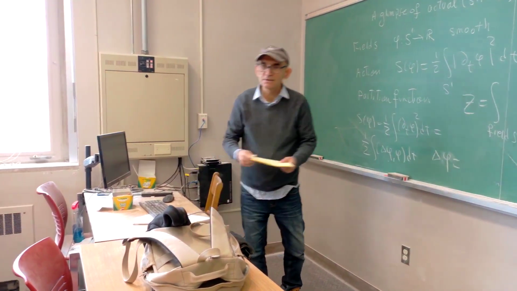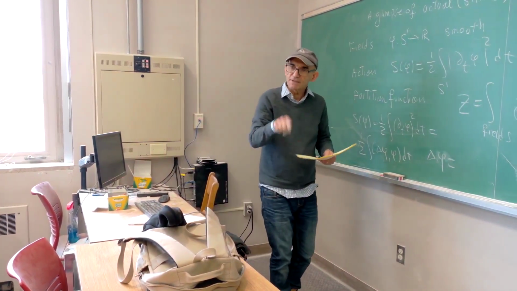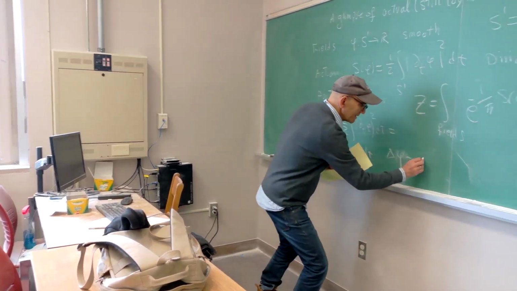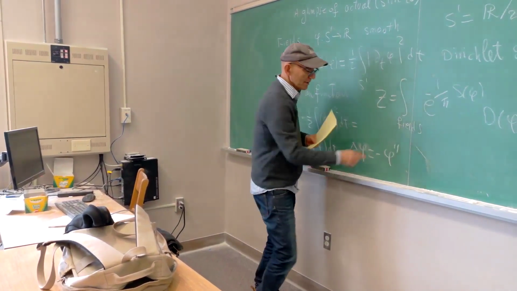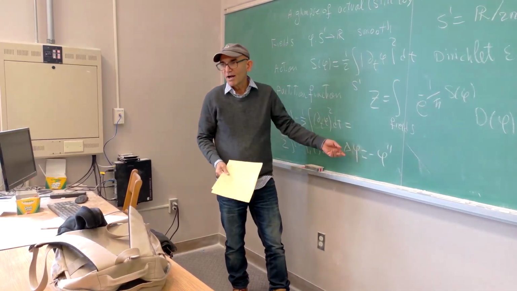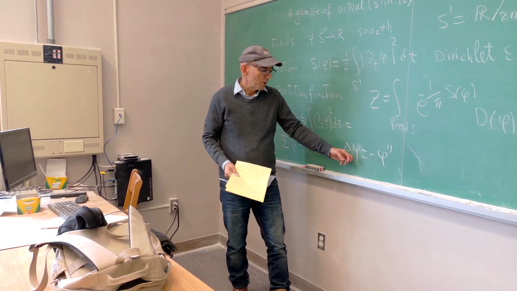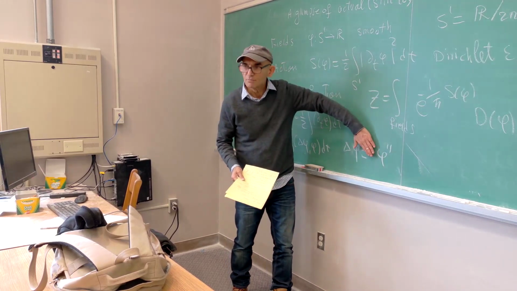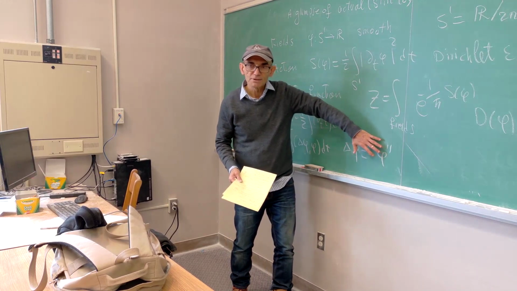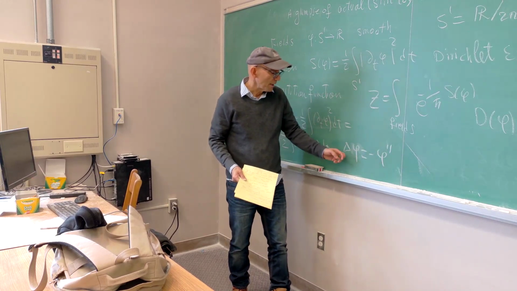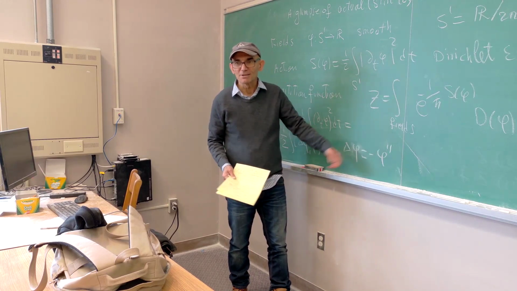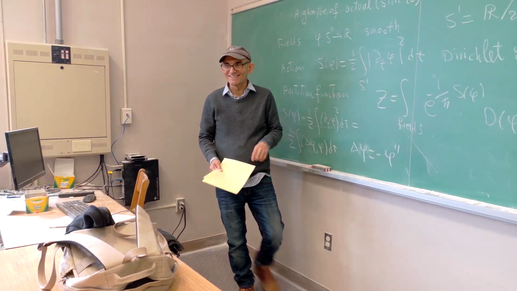Okay, negative. This is the geometer's Laplacian, negative second derivative of phi, not positive second. Usually the Laplacian is without the minus sign, but it's more convenient to use the minus sign because with it, it becomes a positive operator. If you don't put the minus sign, you get a negative operator. That's kind of funny.